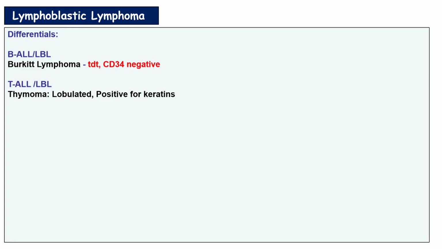They are lobulated and they are positive for keratins. So a simple CK stain is going to help us in differentiating thymoma from T-cell lymphoblastic lymphoma. Moreover, thymoma is not commonly seen in children. T-cell lymphoblastic lymphoma is a bit more common in children.